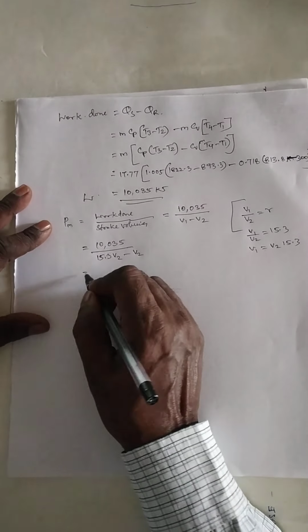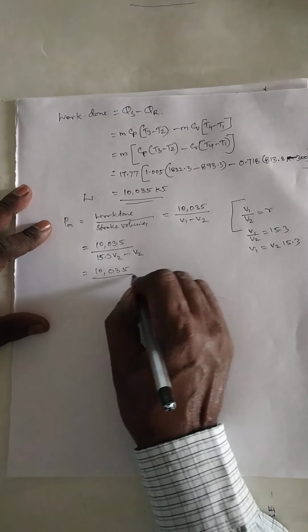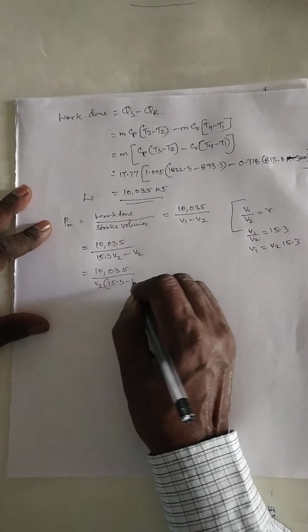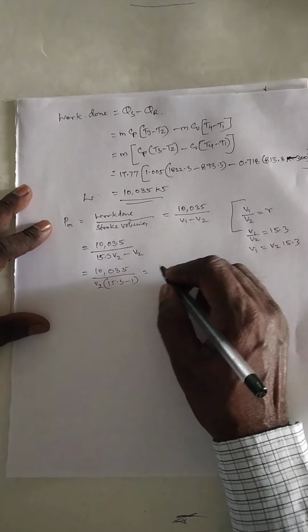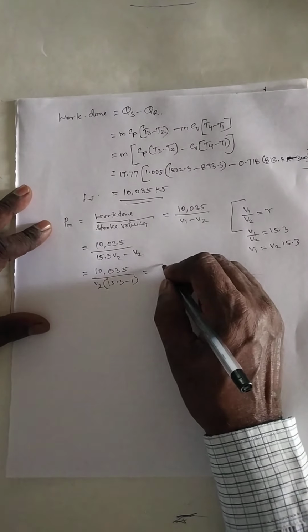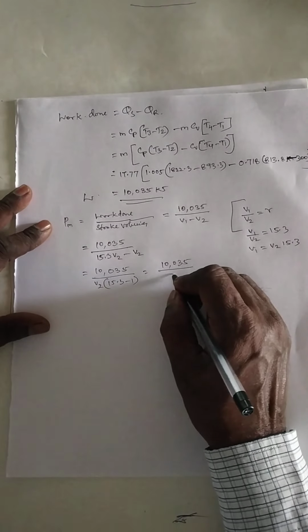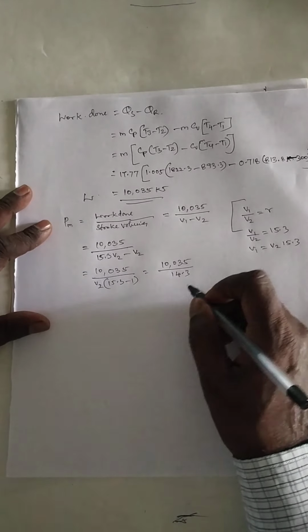Now we take V2 common outside: 10,035 divided by V2 into 15.3 minus 1, that is 14.3.